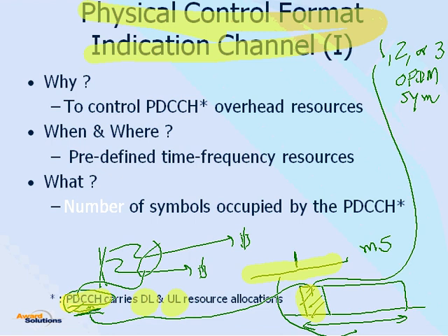So basically it tells us how many symbols are occupied by the control channel. It would say one of these numbers, 1 or 2 or 3.